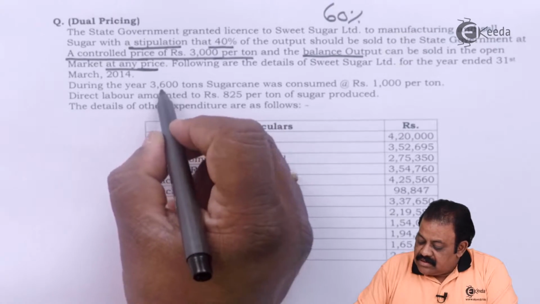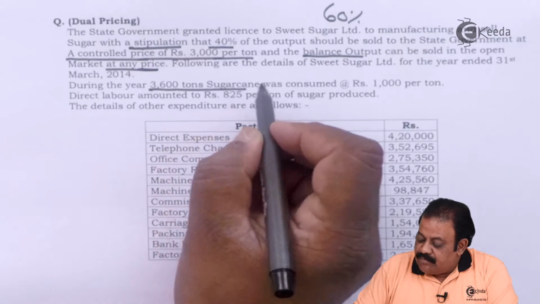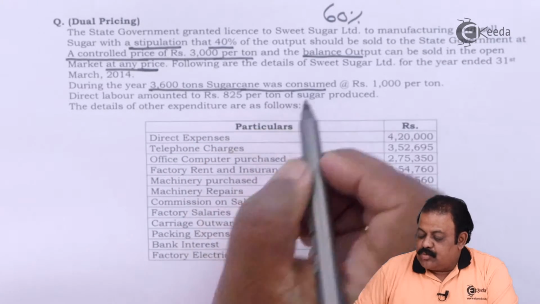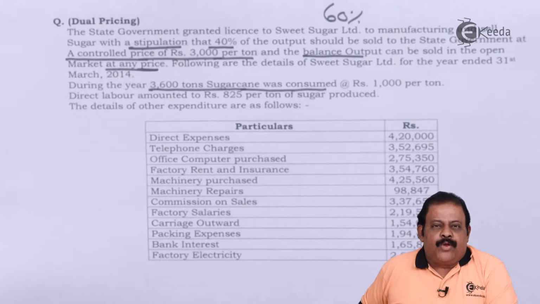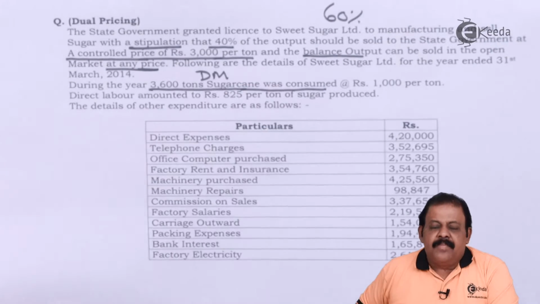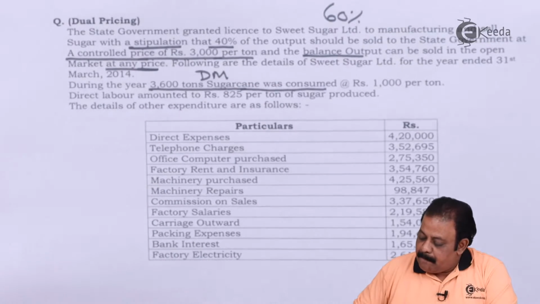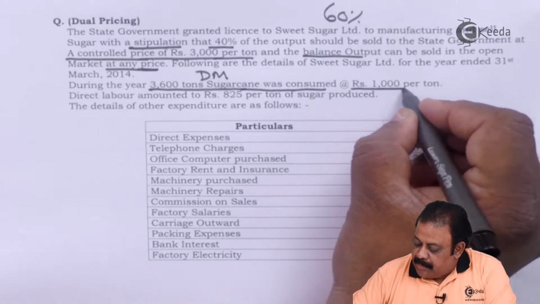During the year, 3600 tons of sugarcane was consumed. Sugarcane is a basic raw material required to produce sugar. It will be part of direct material at the rate of 1000 per ton.